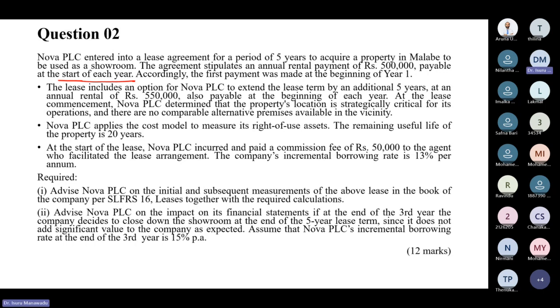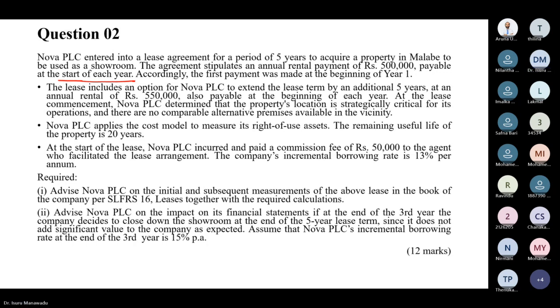At the lease commencement, Nova PLC determined that the property's location is strategically critical for its operations, and there are no comparable alternative premises available in the vicinity. Right? Why has that information been given?